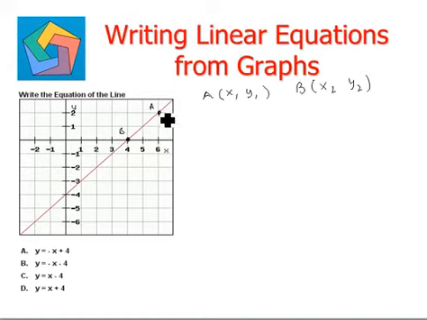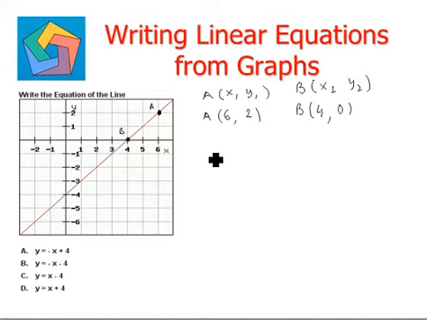For A, our x1 is 6 and y1 is 2. For B, x2 is 4 and y2 is 0. So these are our coordinates.